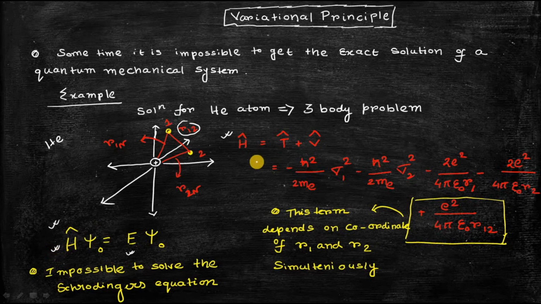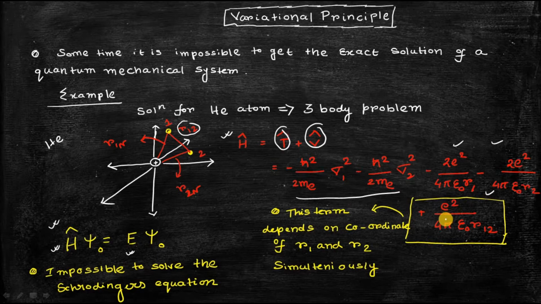The Hamiltonian operator is the summation of the kinetic energy operator and the potential energy operator terms. These two are the kinetic energy terms, and these three arise due to the potential energy.